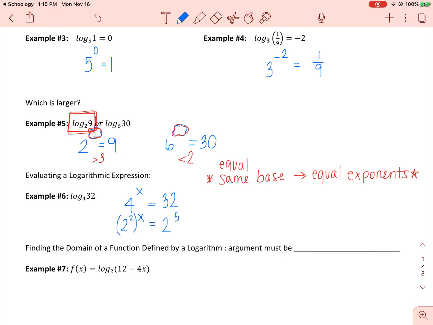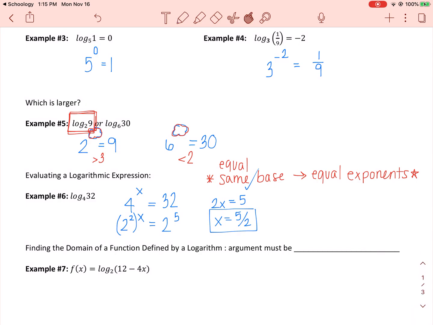There we go. So I both have 2 as my bases. So since I have the same base, my exponents are going to be equal. That means my exponent of 2x would equal 5. X would equal 5 halves. So I'm using that rule from our previous notes.